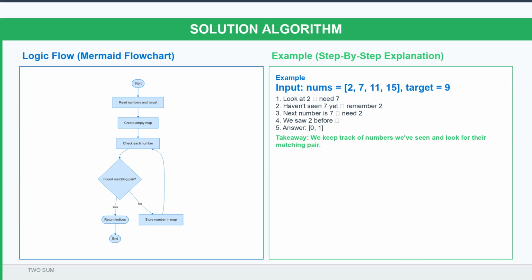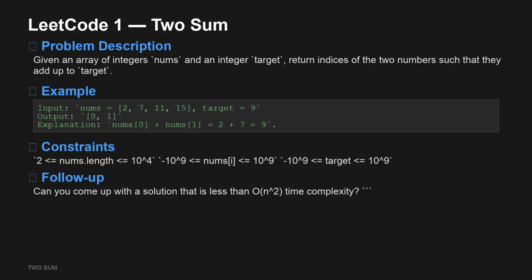Here's how this looks in Python. We define a function toSum, where we loop through the numbers, calculate complements, and check for matches in the hash map. This method ensures we find the 2 indices quickly and effectively. In this problem, we are tasked with identifying the indices of 2 distinct integers within an array that sum to a specified target value.